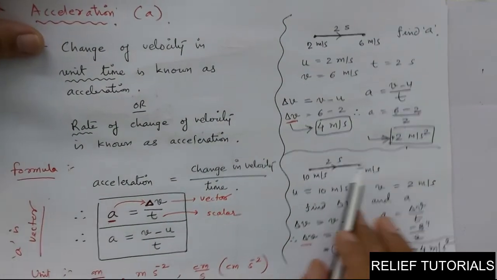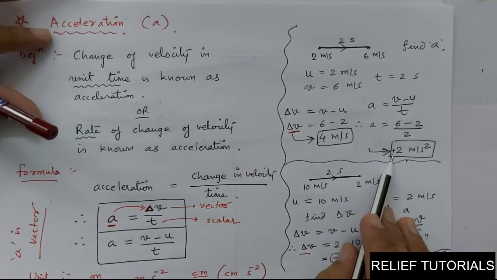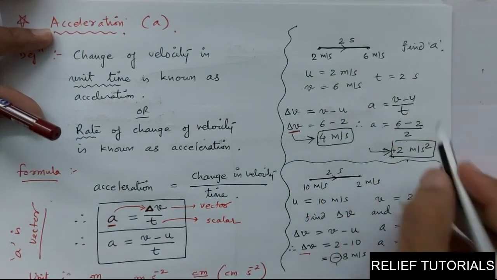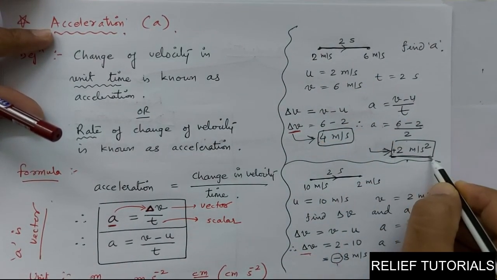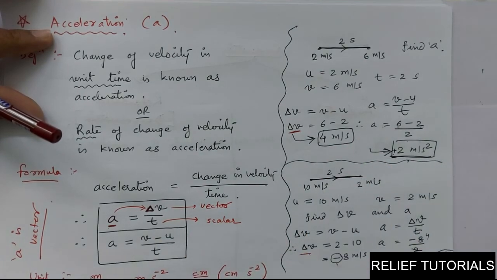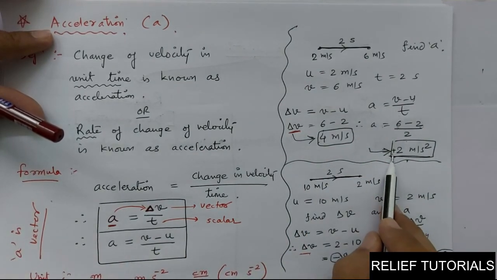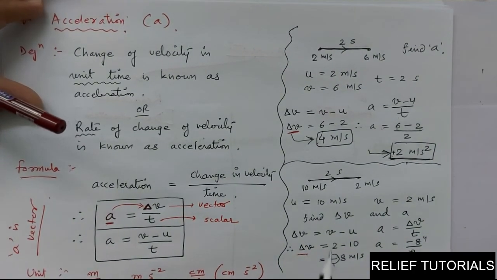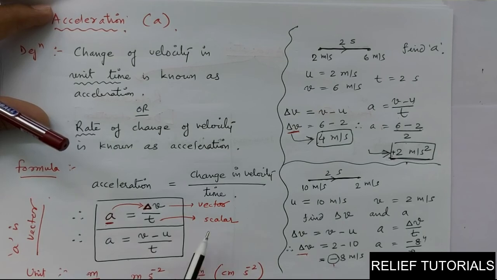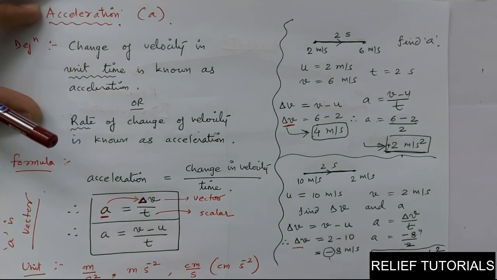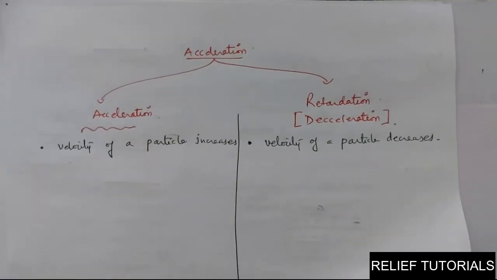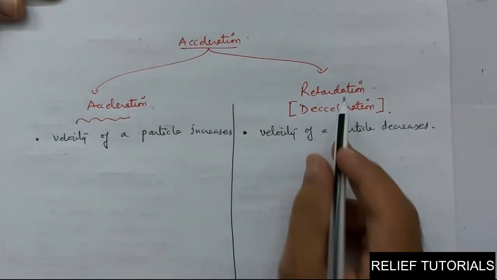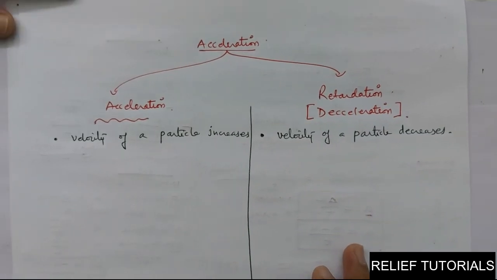So this motion in which the acceleration is positive, in which the velocity increases, is called accelerated motion, and the answer is acceleration. Here the velocity decreases, so this type of motion is retarded motion, and the answer is retardation. So the velocity of a particle increases in acceleration, and in retardation the velocity of the particle decreases.